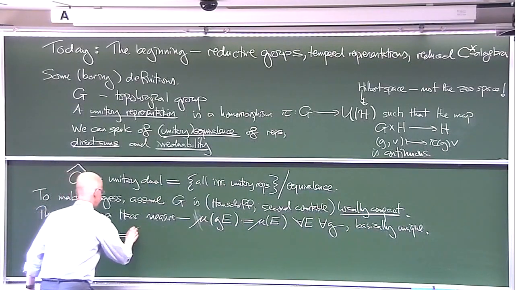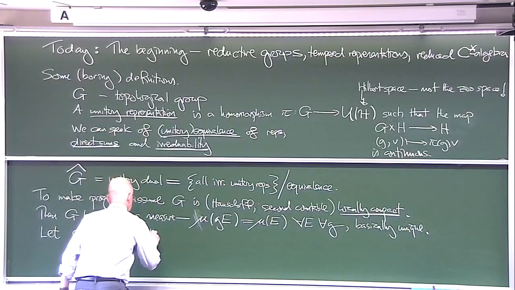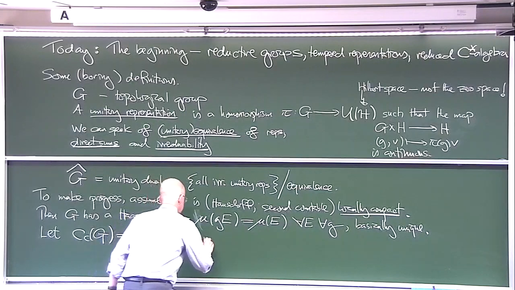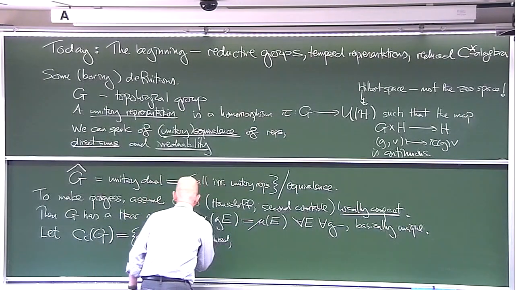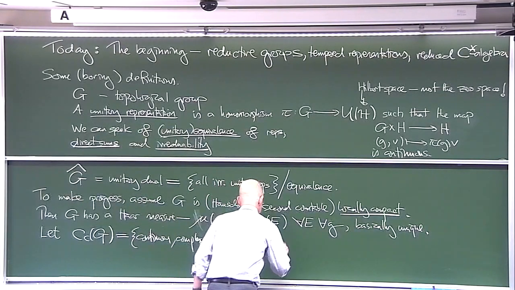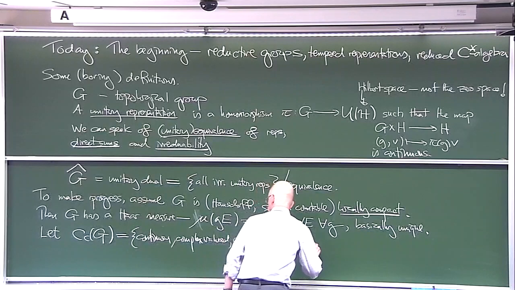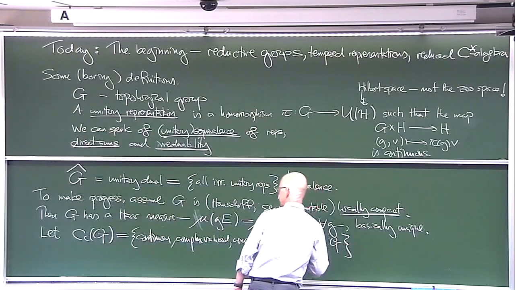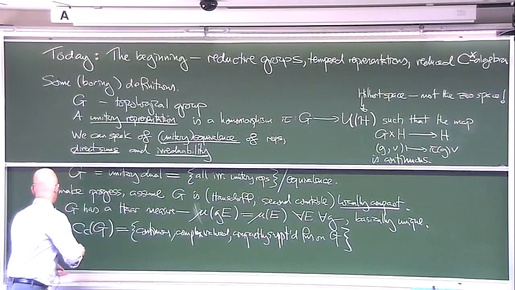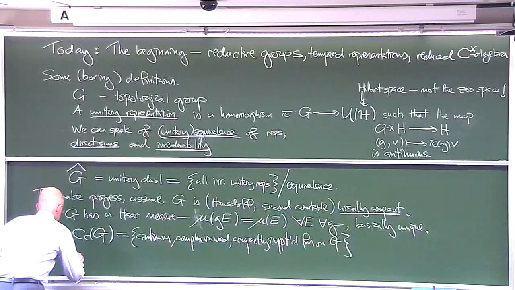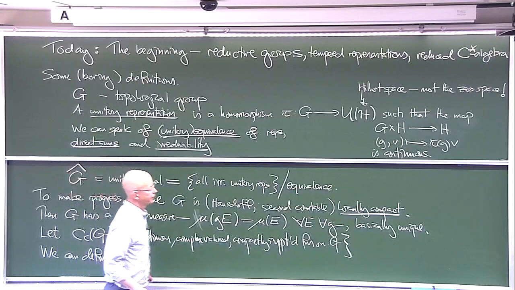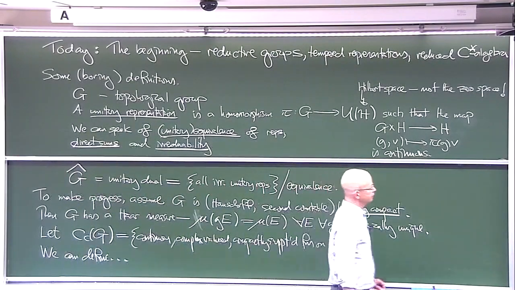Now suppose I look at the set of all continuous complex-valued, compactly supported functions on G. Then on this space we can define a couple of things.